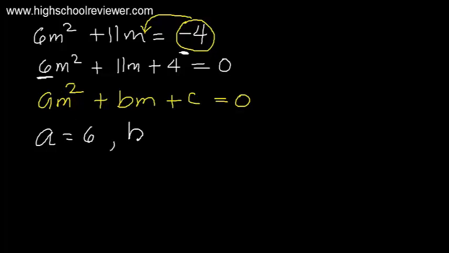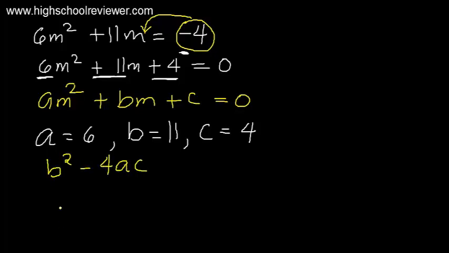Our b is the numerical coefficient of our second term. This is positive 11. And our c is our constant, or the third term, that is positive 4. And then let us solve for the discriminant. So the equation of the discriminant is b squared minus 4ac.